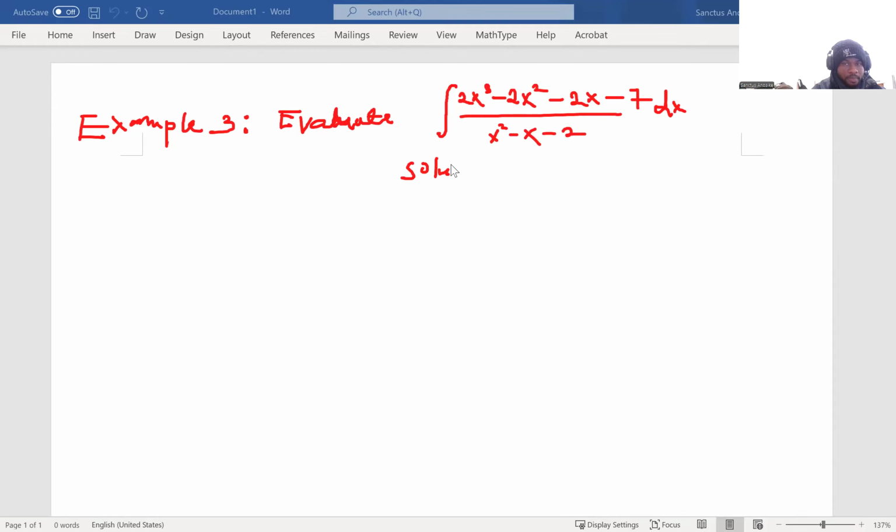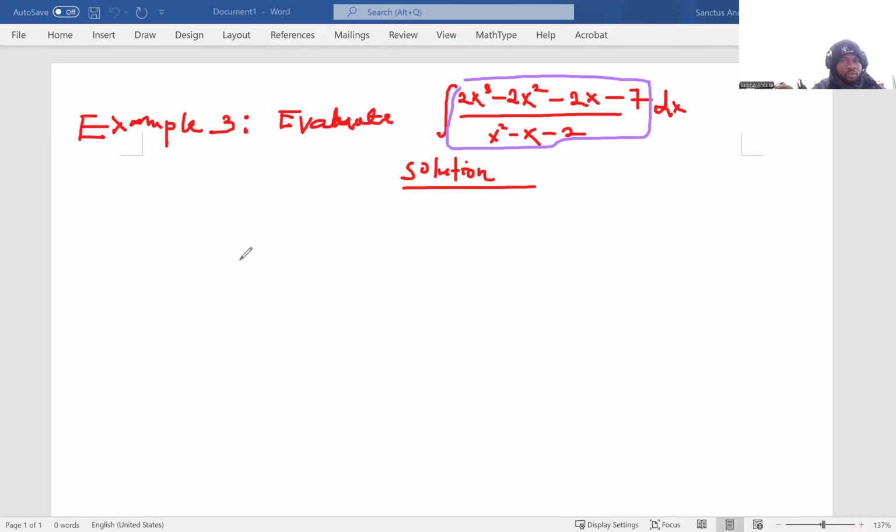Solution. Okay, so what we're going to do is pull out this fraction, because the highest power of x in the polynomial expression at the numerator is higher than the degree of the one at the denominator.